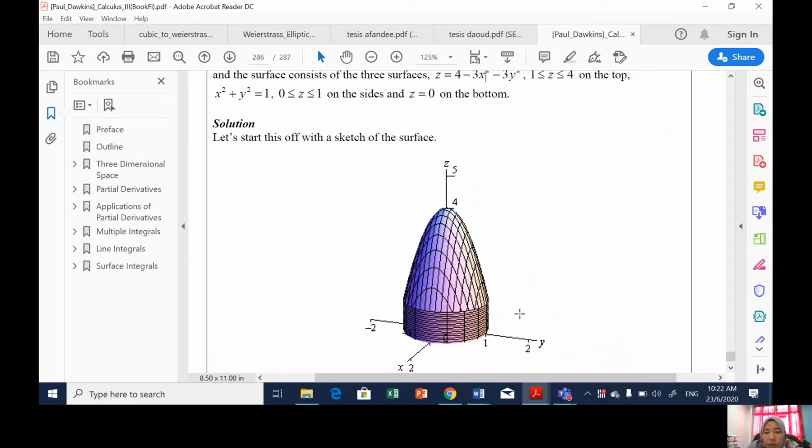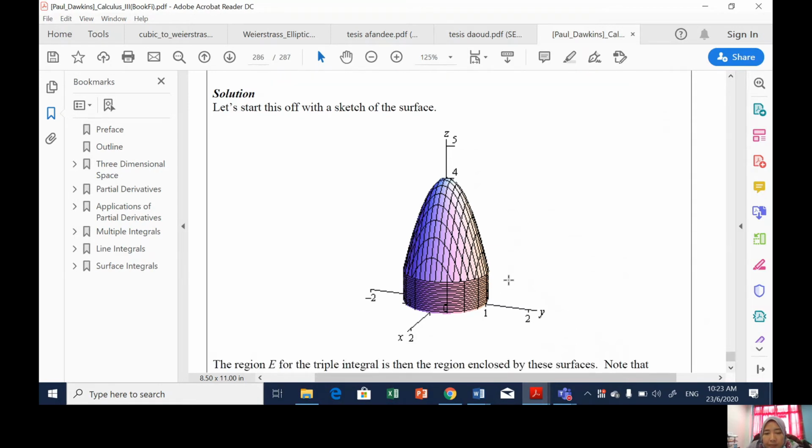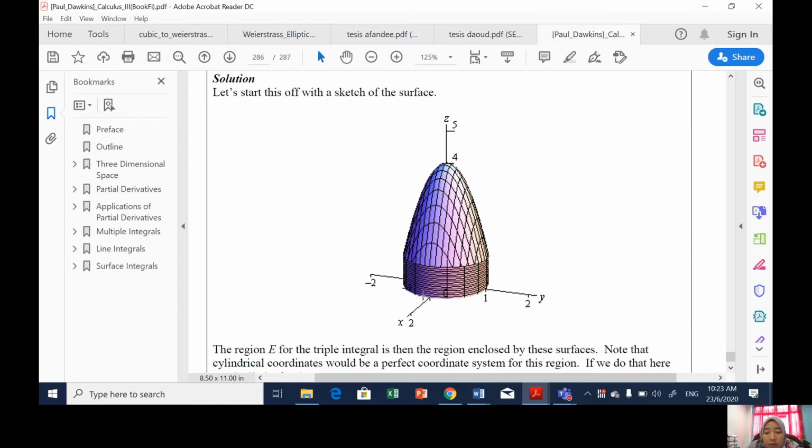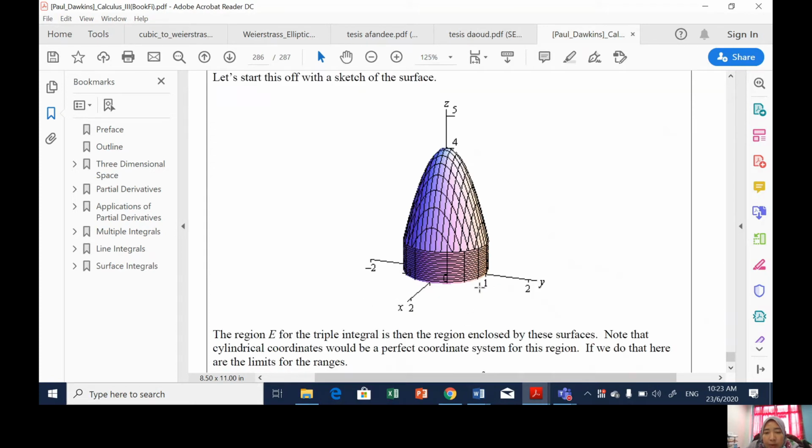It is close to a cylinder or a sphere, but the closest one is similar to the cylinder. So we have the limits. The circle is the area in the xy plane.